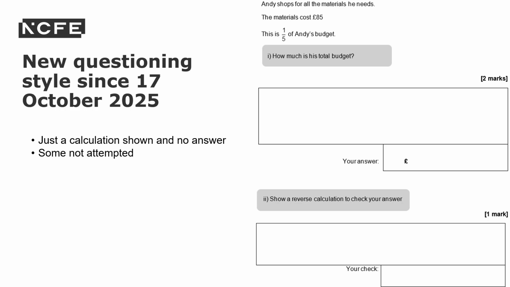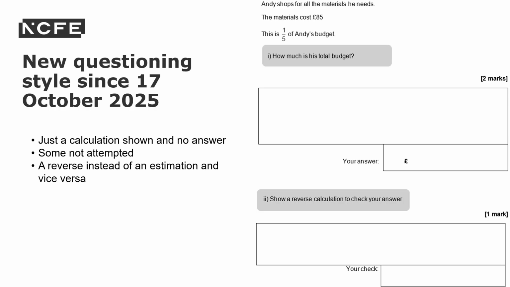Some not attempted at all, just left completely blank, so a mark lost completely. Some that used a reverse instead of an estimation, because there's 2 styles of questions. We're going to look at both in this recording. There's estimation questions or reverse calculation check questions.